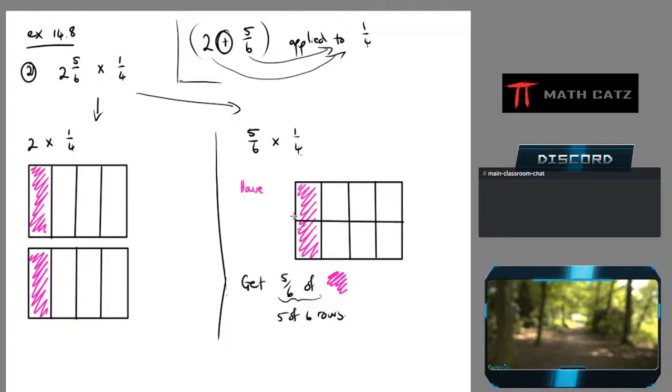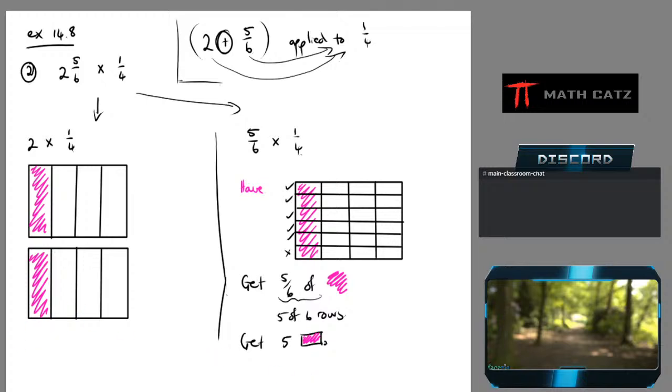So split it in half, and then each half into 3 pieces. This tells me I can keep 5 of them. Ooh, that's not bad. So that means I get 1, 2, 3, 4, 5 little pieces, because only from the pink I can take 5 little pieces, like so.